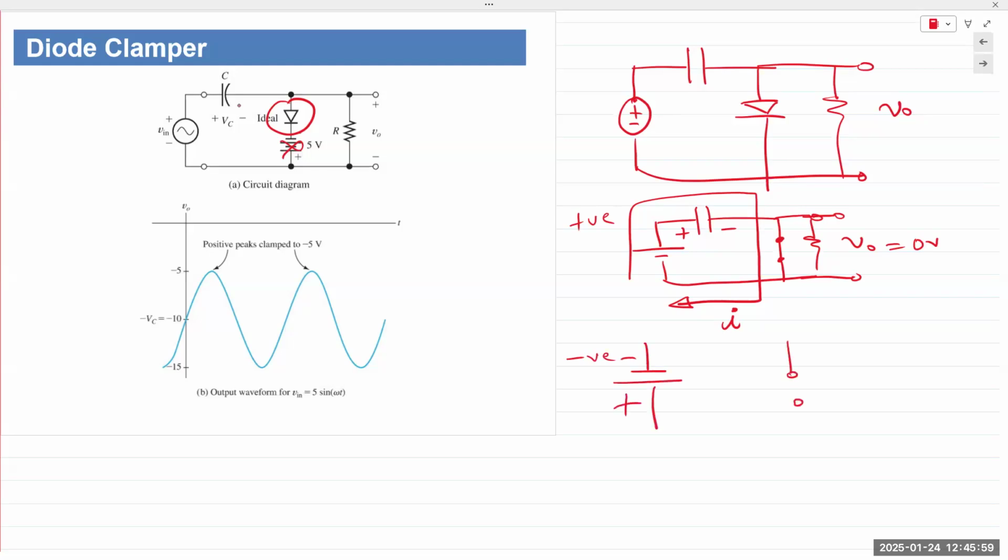Flipped, diode is off. Capacitor is now fully charged, but there is not a big pathway for the capacitor to discharge. What do we see? We have a fully charged capacitor. It's in series with a battery, or at least in series with whatever V in is. It's in series, so it looks like this.